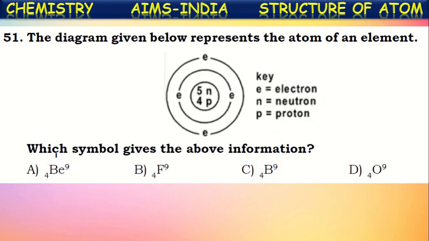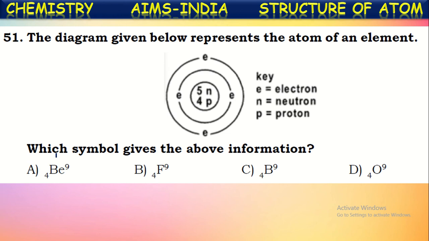Next, the diagram given below represents the atom of an element. Now, which symbol gives the above information? Observe once the fundamental particles mentioned in that atom. How many electrons are there? 4 electrons are there. And the number of protons? 4. So it is a neutral atom with atomic number 4. We know the element with atomic number 4 is beryllium, isn't it?